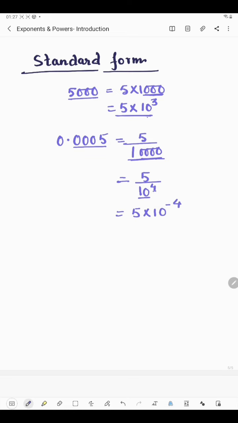Here this positive 4 will become minus 4 when the place changes. Since we are taking the number from the denominator to the numerator, the power was positive, so the power will be negative. So this number 0.0005 will be equal to 5 into 10 to the power minus 4 in standard form. Okay.